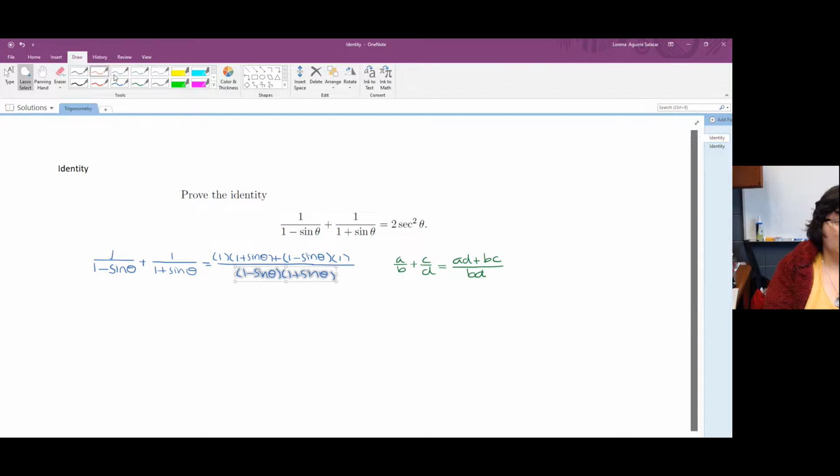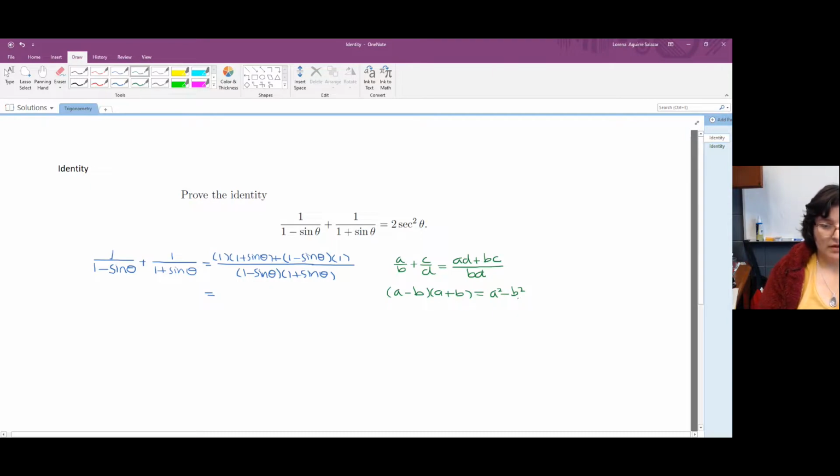Okay. Now, one of the things we notice here is that our denominator is very special. We have something minus something else times something plus that something else. And that type of expression corresponds to the subtraction of squares. And we keep to the order we see in a minus b.